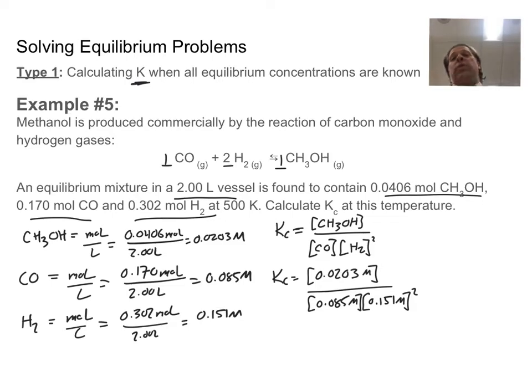So we take 0.0203 divided by 0.085 times 0.151 squared, and you should get a Kc value somewhere in the ballpark of 10.5. And again, we said that doesn't have units, so we're pretty satisfied with that.